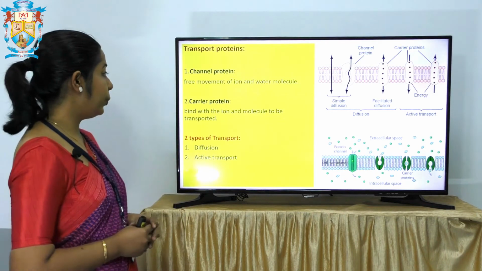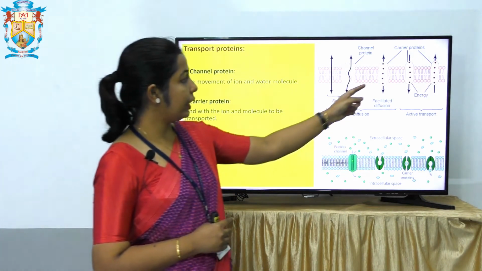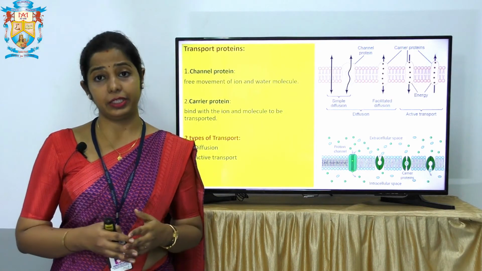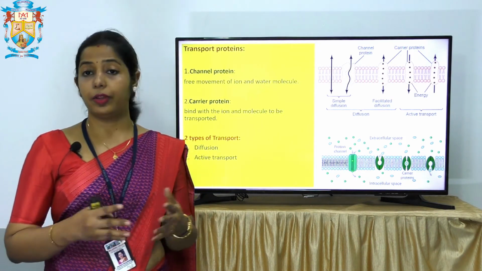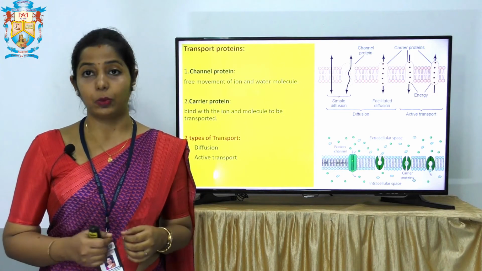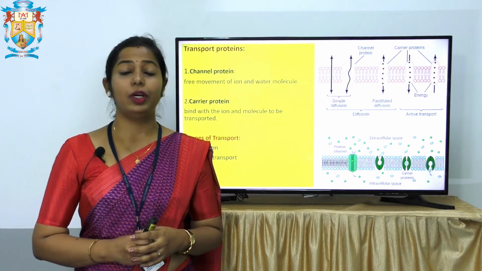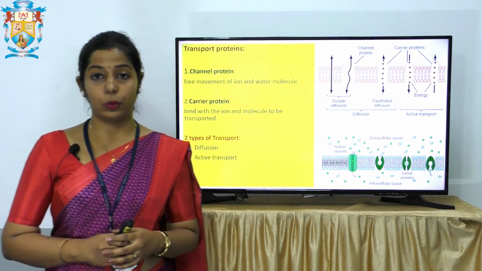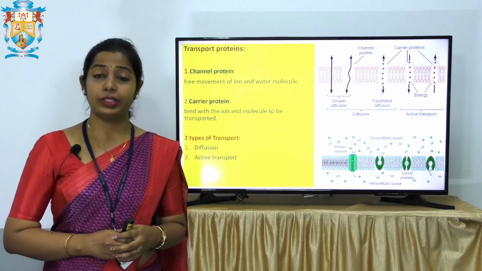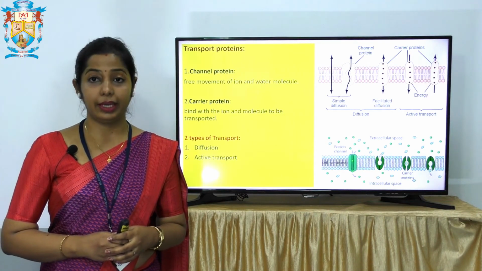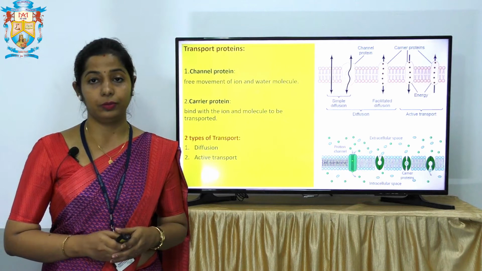Another one is carrier proteins. In the case of carrier proteins, the protein needs to bind the ion or the molecule first to be transported. When it comes to transport, there are two types of transport across the membrane. First is diffusion and second is active transport.